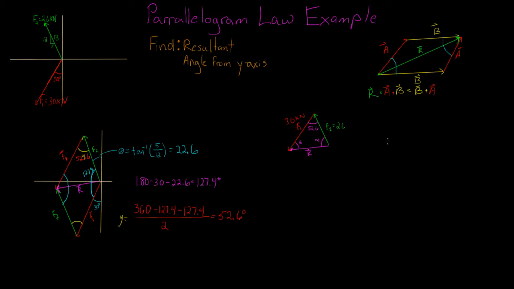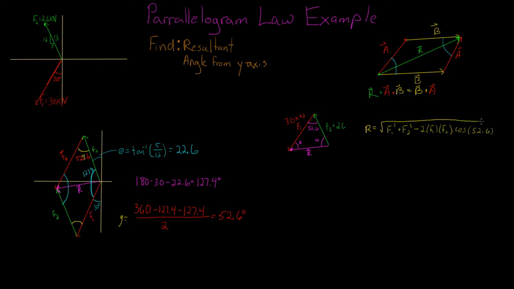If we look at everything that we have and what we don't have, we notice that we can find R if we use the law of cosines. The law of cosines says that this side length R is equal to the square root of F1 squared plus F2 squared minus 2 times F1 times F2 times the cosine of 52.6.